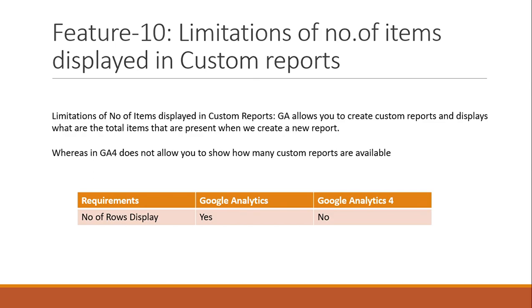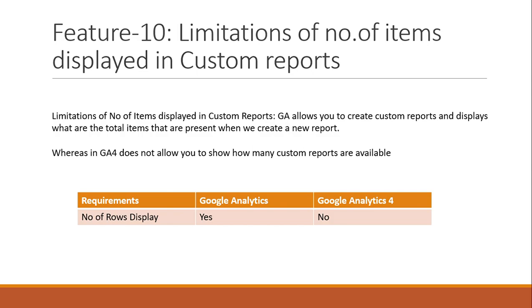And the last feature is the limitation in the number of items displayed in custom reports. Whenever we are creating a custom report, for example, if you are listing out the cities from which data is tracked, with the number of sessions coming from different cities, I also want to know the total number of different cities as a count.